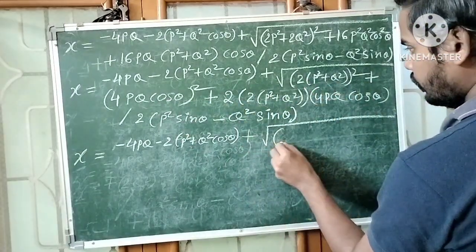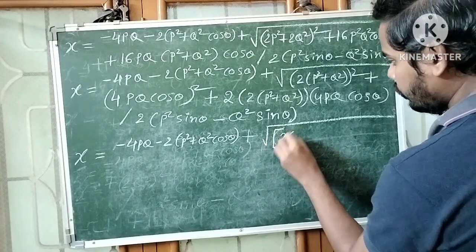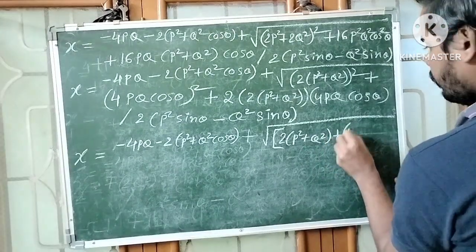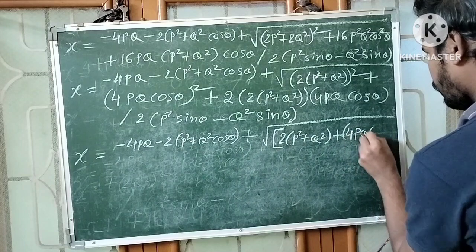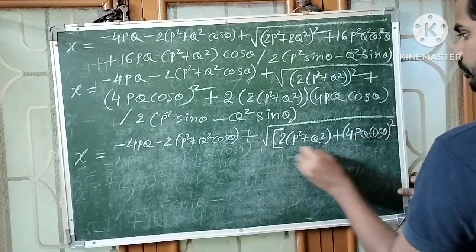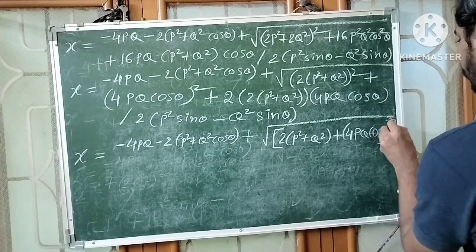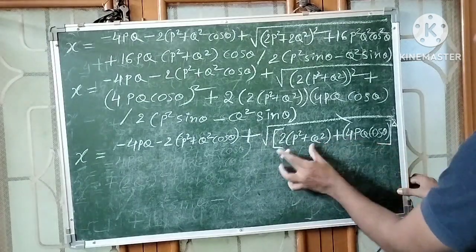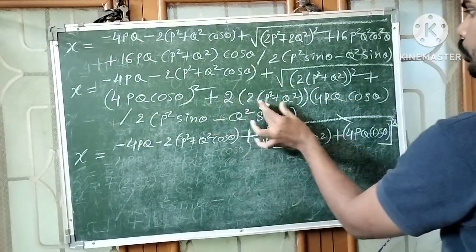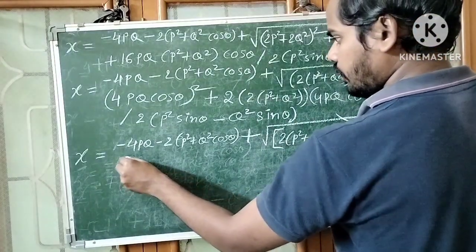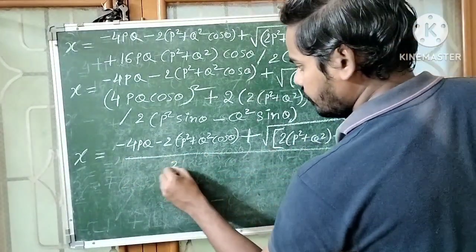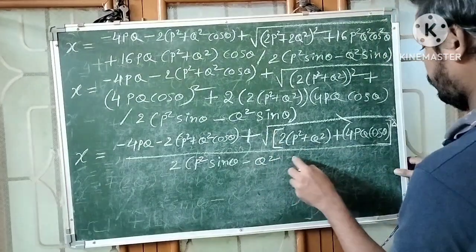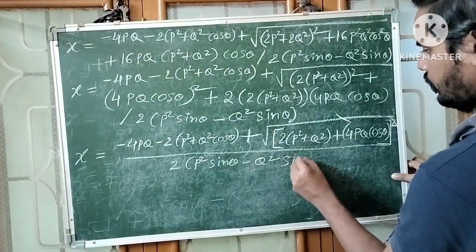So a plus b whole square means 2 into p square plus q square, plus b value 4pq cos theta, whole square. The square root gets cancelled. So a plus b whole square, see, a square plus b square plus 2ab, so the square gets cancelled. And the denominator is 2 into p square sin theta minus q square sin theta.